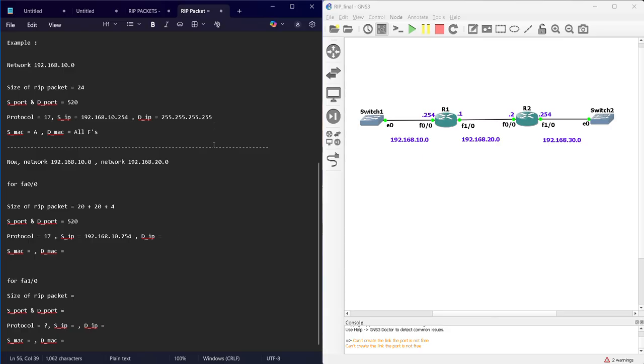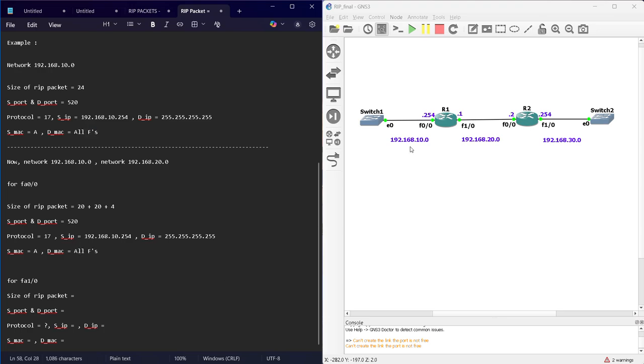It is the same, 255.255.255.255. We copy this. Now what is the source MAC? As we are talking about this side of this FastEthernet, the source MAC that we supposed was A. What is the destination MAC? All Fs, as we are broadcasting it.